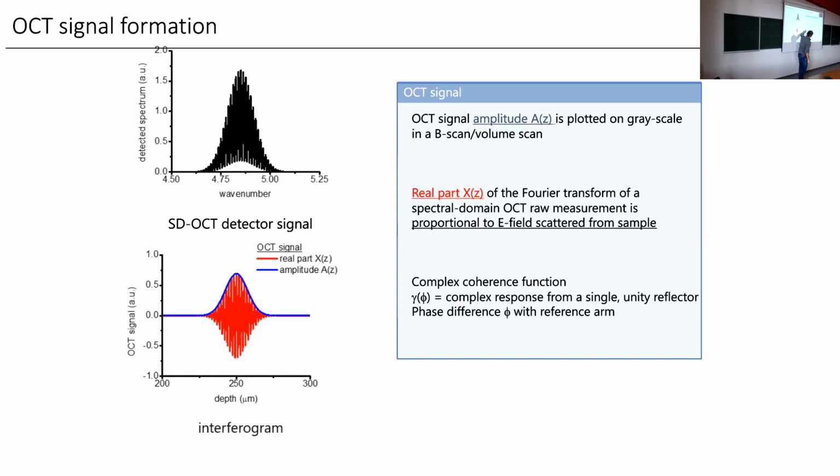And then of course we have the point spread function, the response function of the one mirror, defined as function gamma, which is the response of a single unity reflector, a real mirror. The phase differences are then, of course, the length difference between the mirror position and the reference length.